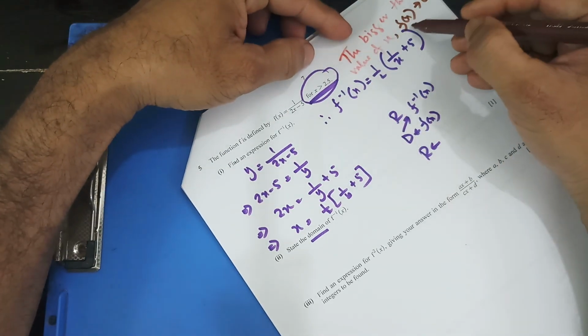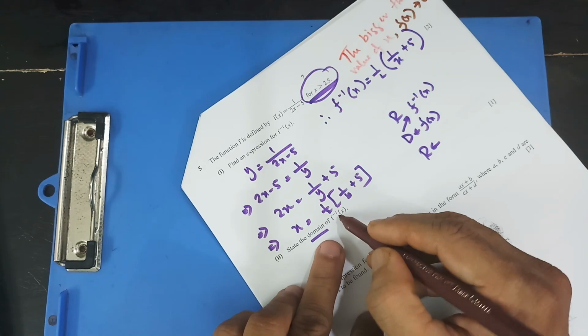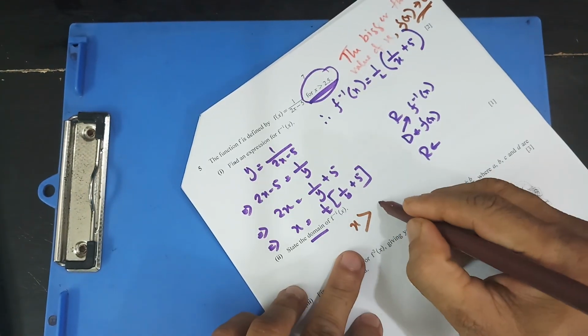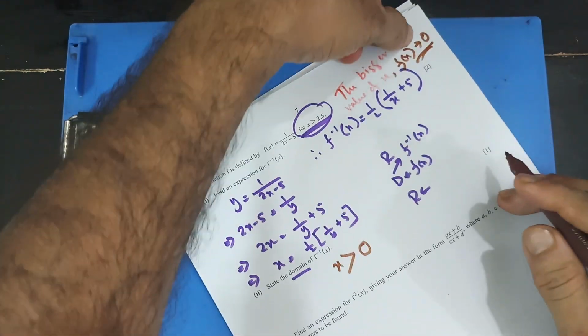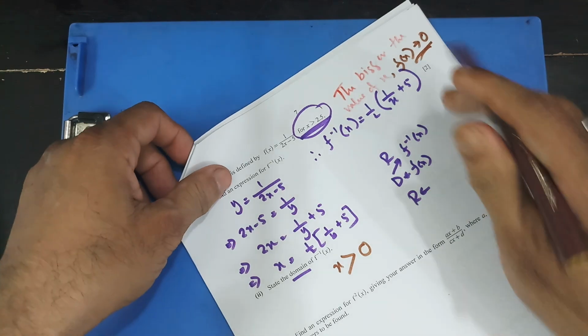So the range tends to get 0. So over here, the domain of the inverse is going to be greater than 0. It's never going to be 0. It's greater than 0. I hope you understand that.